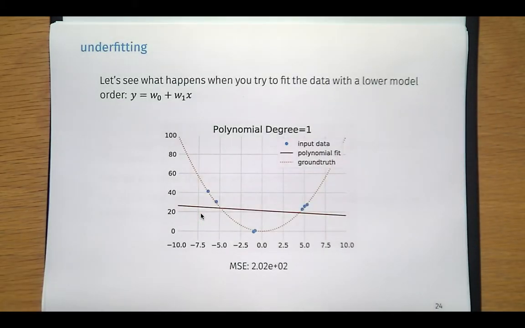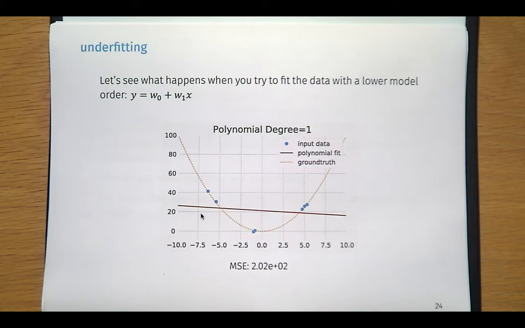This was the example where you're trying to fit a polynomial of degree 2. And then we saw that you have two types of problems that are relevant to machine learning. The first one is underfitting. With underfitting, your model is not rich enough to fit your data. Your data follows a different model than what your model can express, and that means there is no way you can fit your data.